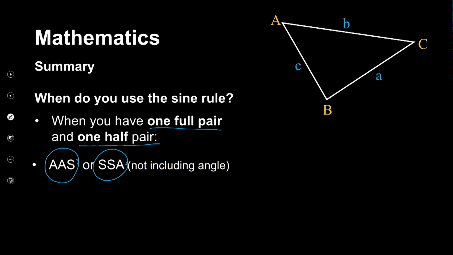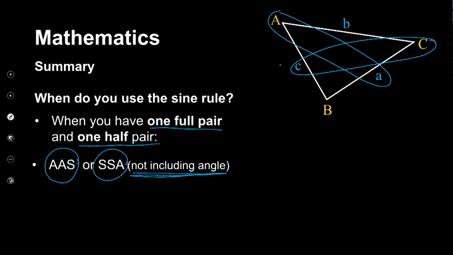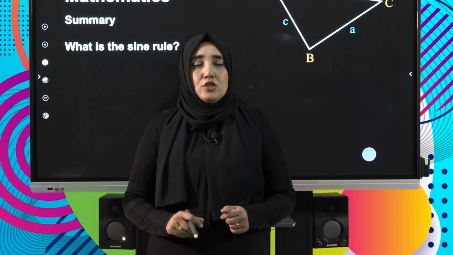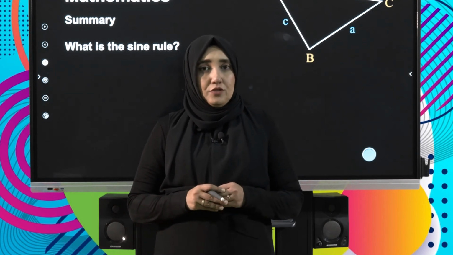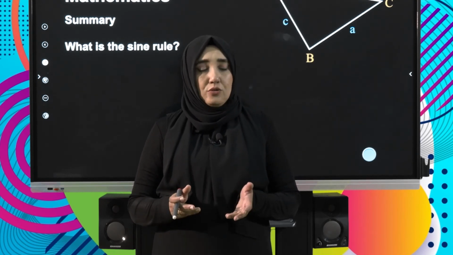What's important is that the angle is not the including angle. So when we're using the sine rule, you can use any full pair and any half pair. So if I wanted to find c, I need to be given angle C and any other pair along with it.